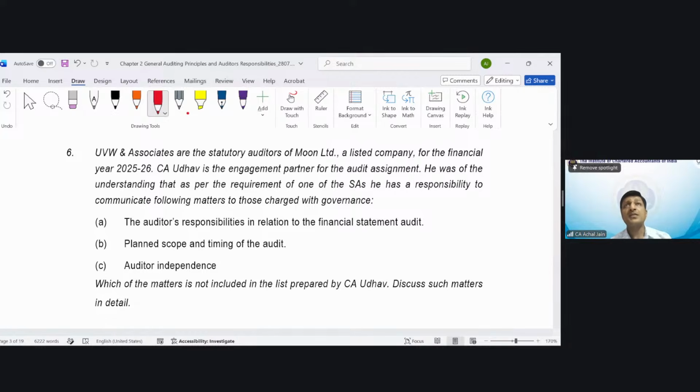Now the question arises, out of these matters, whether these matters need to be included or not. And do we have some other matters also, or are these the only matters? So it's all about getting onto that list of the matters which need to be communicated.